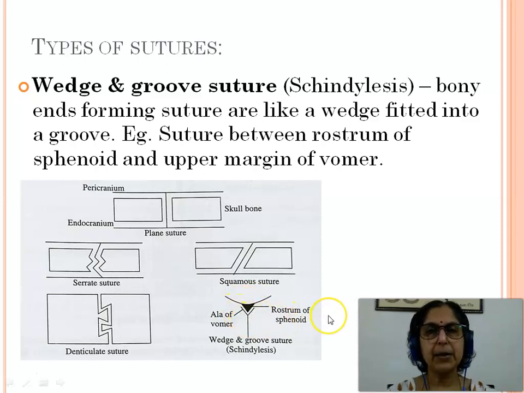An example here is the suture between the rostrum of sphenoid bone and the upper margin of the vomer. So what is seen here is the rostrum of sphenoid which forms the wedge which sits on the ala of vomer which is forming the groove. So this is wedge and groove suture or syndesmosis. So these are the five different types of sutures that we are studying.